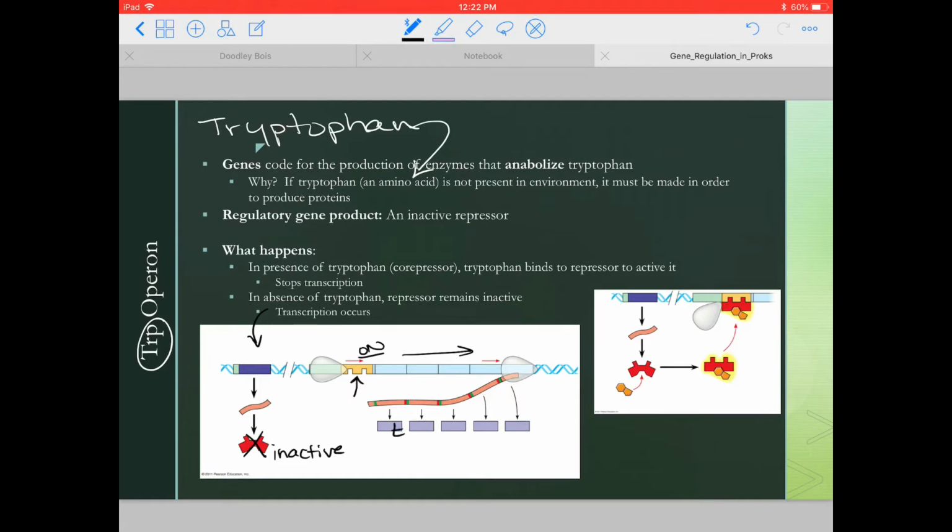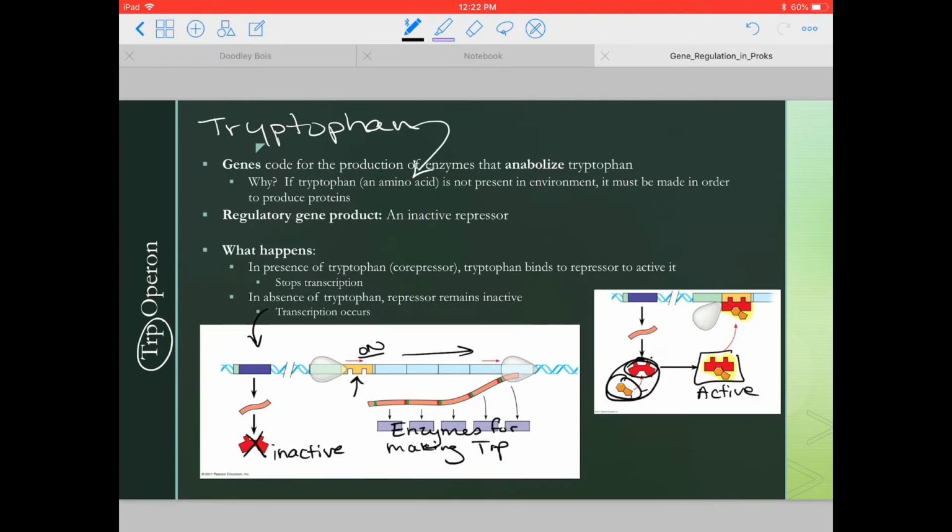And these are the enzymes for making tryptophan. On the converse, if you do have tryptophan, there's no reason to make it. So you want to turn this operator off, which means you want to activate the repressor. And so here's our inactive repressor right here. When they bind together, you have an active repressor.